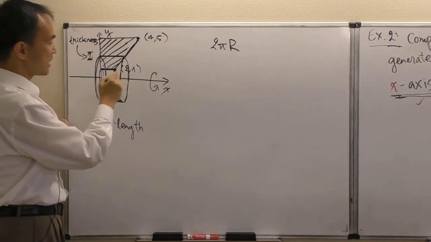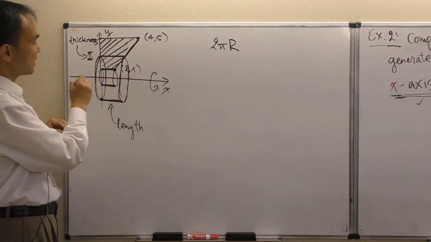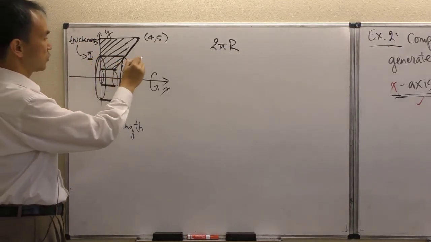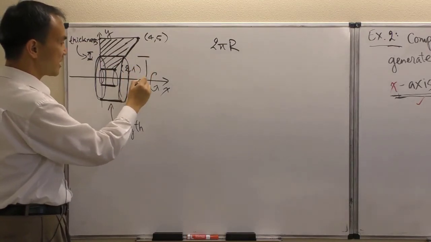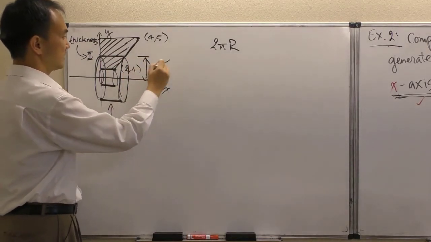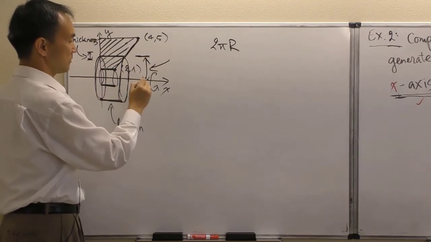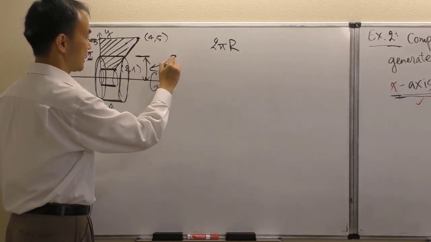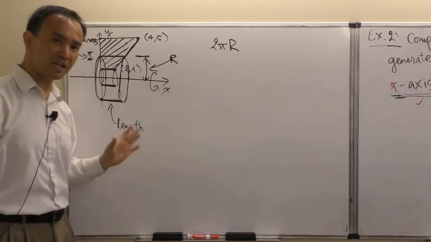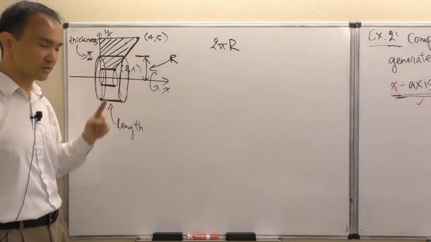And then the radius is the distance from the rotation axis out to where the shell is. That's the radius. So I make notes of a couple of those quantities.